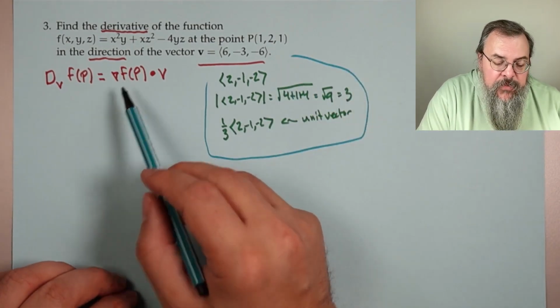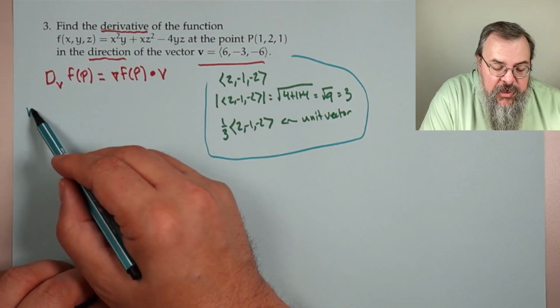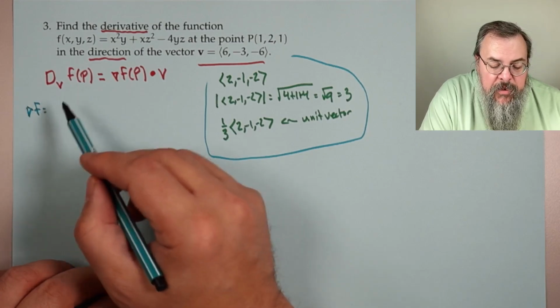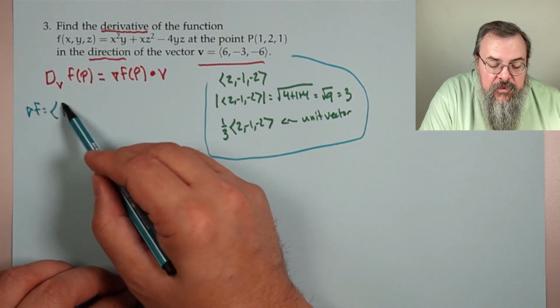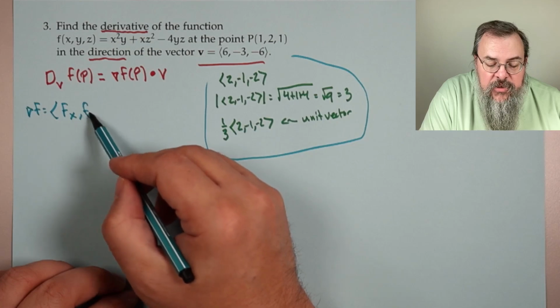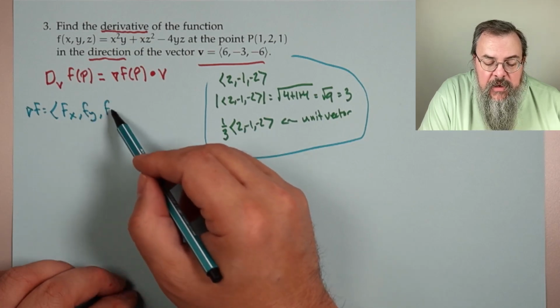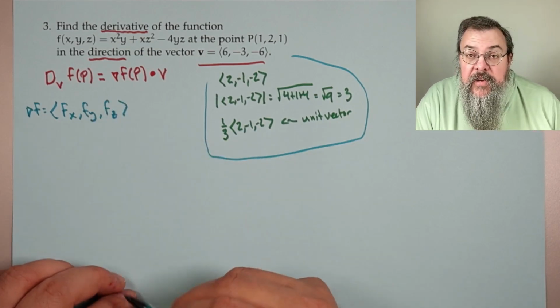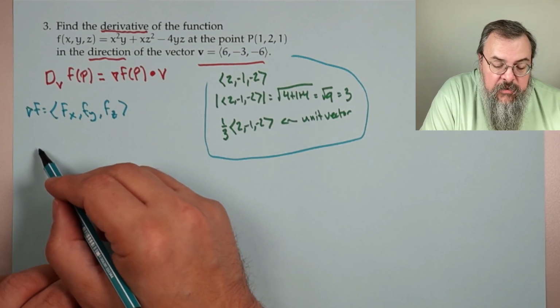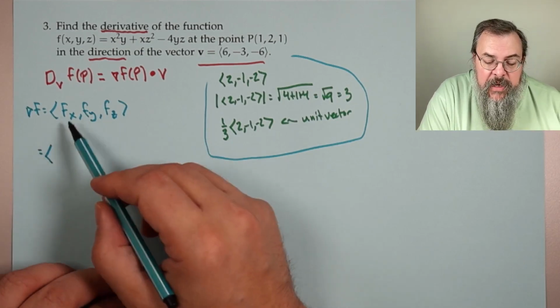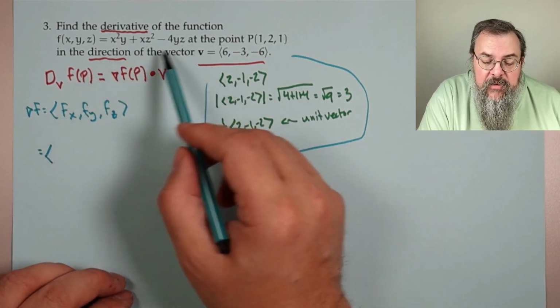Gradient of f. Let's start by finding the generic gradient. Remember, the gradient is your collection of partial derivatives: f sub x, f sub y, f sub z. I'm going to take f sub x, taking the derivative with respect to x.